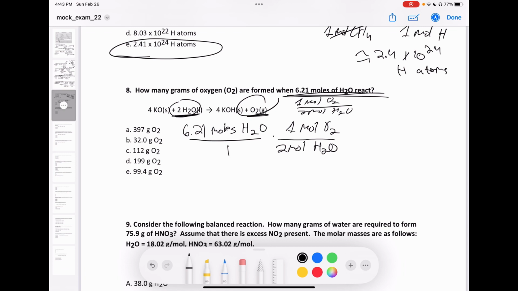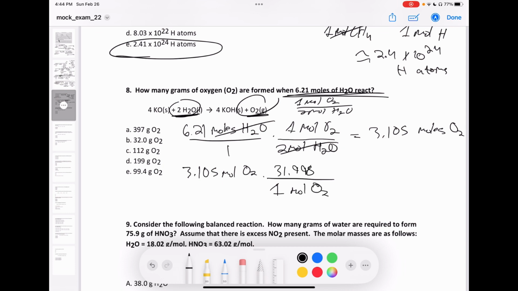That makes sense because we want to cancel this out and be left with just moles of O2 to transfer to grams. That is going to be just half of that, so 3.105 moles of O2. And then again, to go from moles to grams, you multiply by molar mass. One mole of O2 is 31.998 grams of O2.